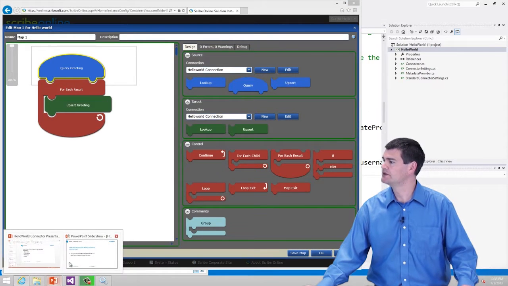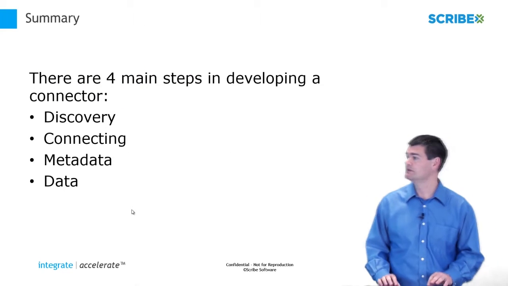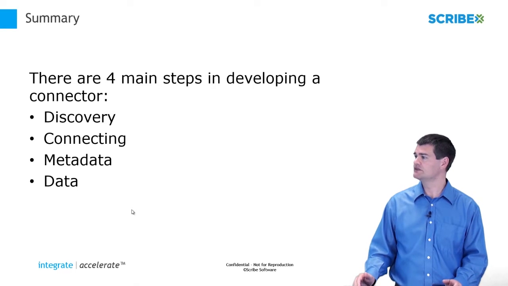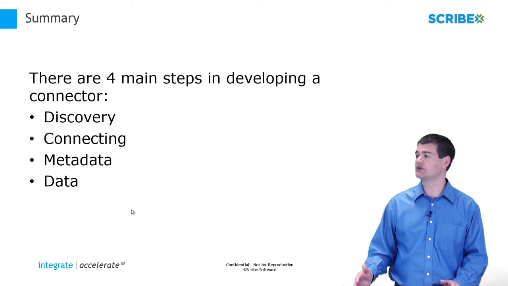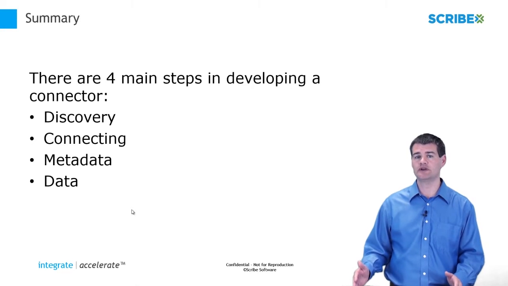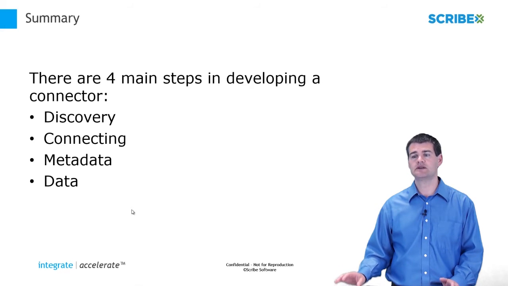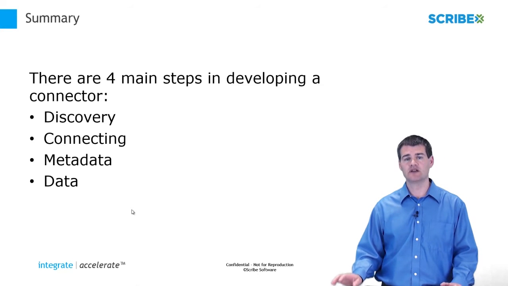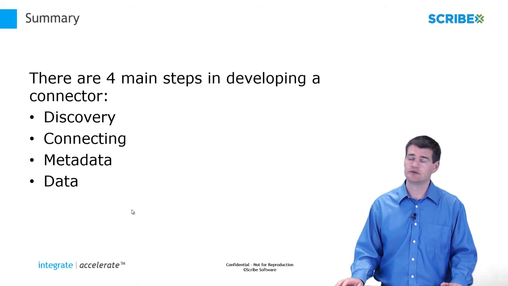If we go back here, we have done this in 4 major sections of developing the HelloWorld connector. First, we demonstrated discovery, where at first we did not even have the connector type in the system at all. We built that, and we were able to try to use it in the connection screen, and then moved on to the connection UI and connecting.